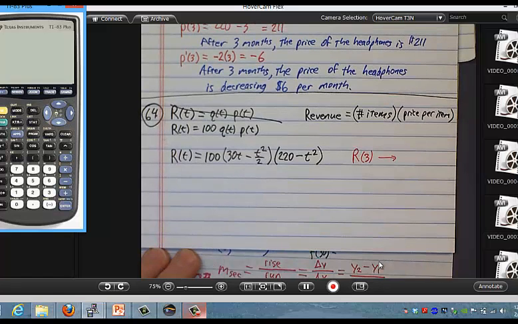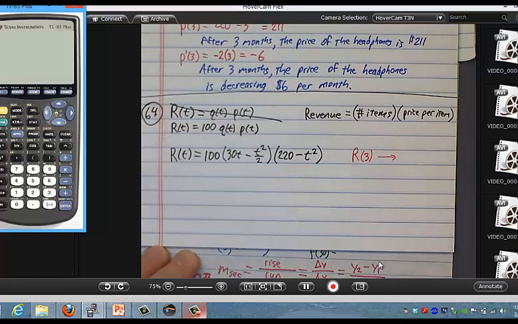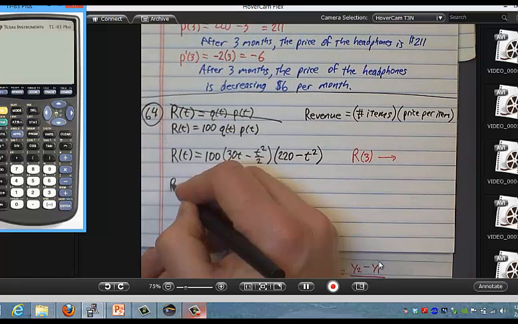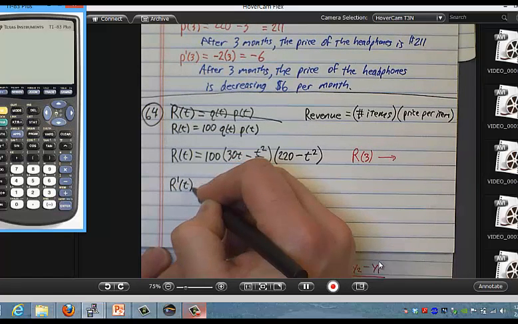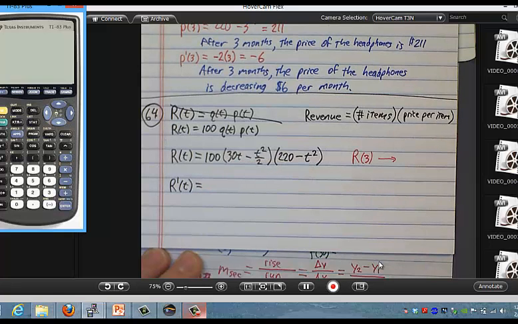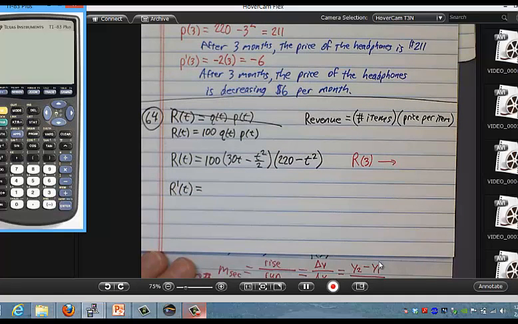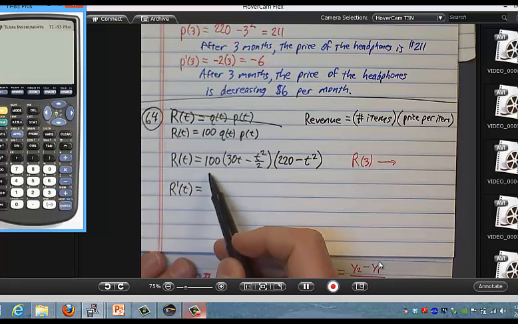The other thing we need is we need R prime of T. And I want to show you how I'll do that. Do you see how there's 3 things being multiplied? But this first part, isn't that just a constant? So you can kind of ignore that. Just write down the 100.